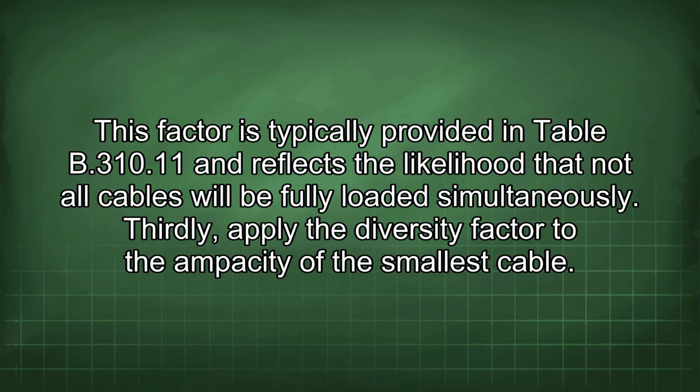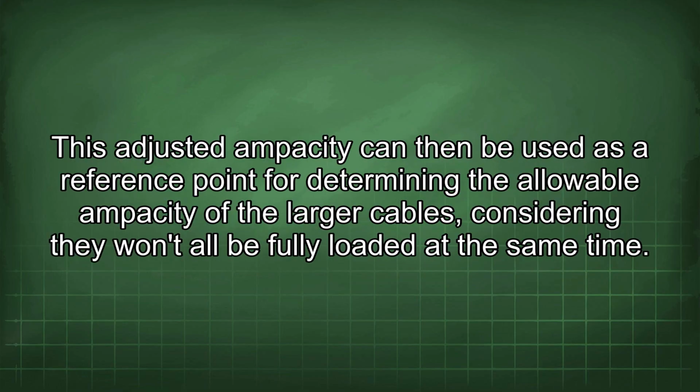This factor is typically provided in Table B.310.11 and reflects the likelihood that not all cables will be fully loaded simultaneously. Thirdly, apply the diversity factor to the ampacity of the smallest cable. This adjusted ampacity can then be used as a reference point for determining the allowable ampacity of the larger cables, considering they won't all be fully loaded at the same time.